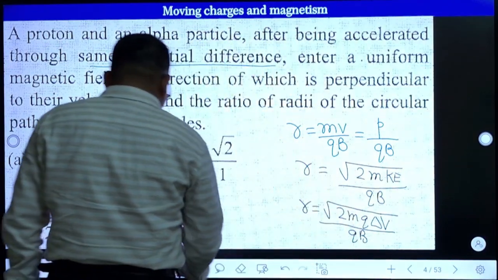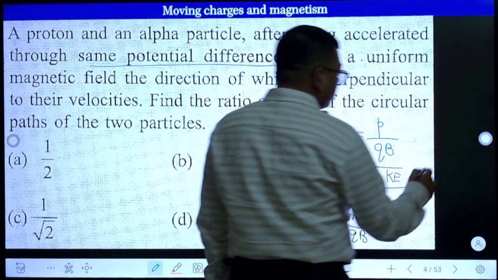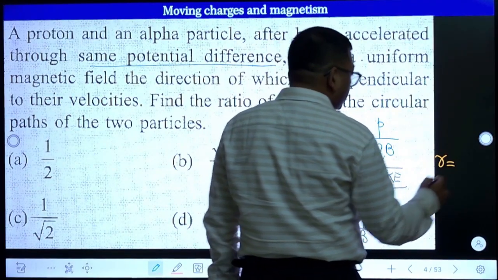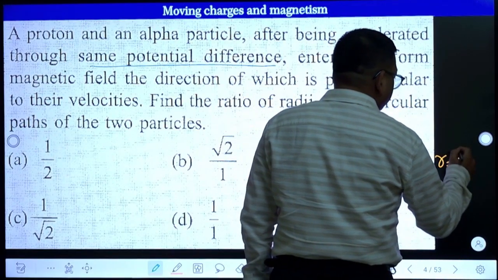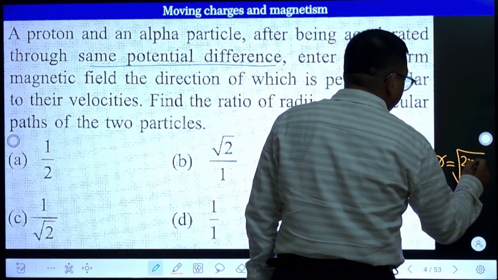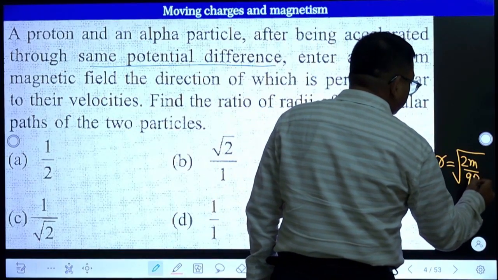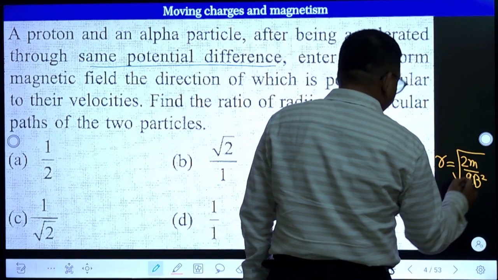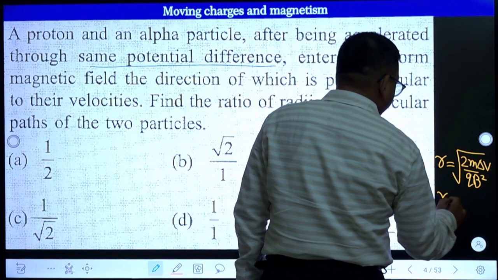Now q can be taken inside, so the radius will become equal to root under 2 m delta V by q B squared, since q squared gets cancelled, right? So radius is proportional to what?